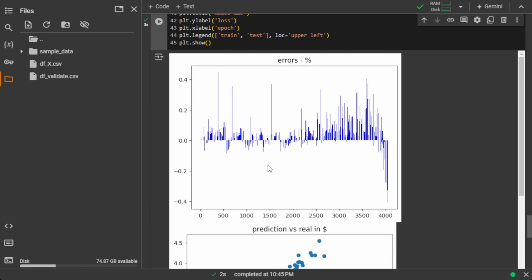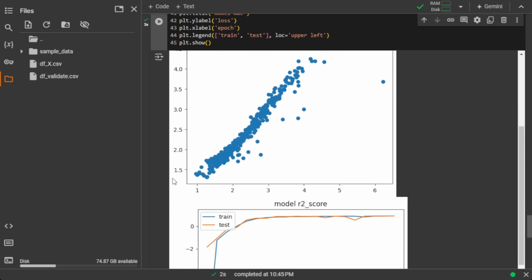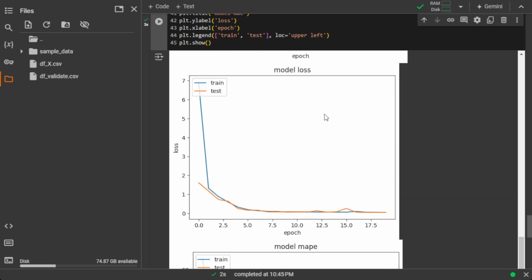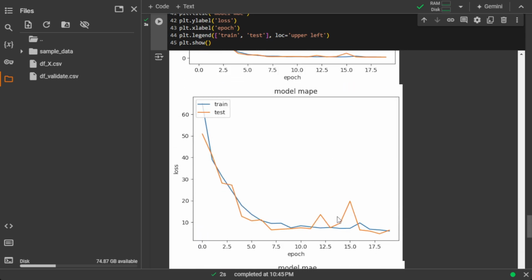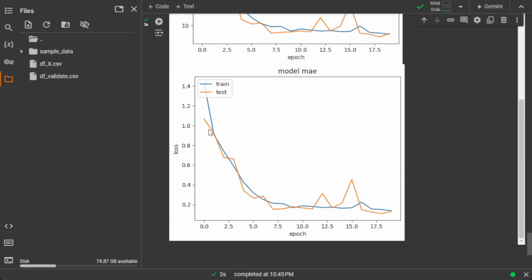See, we forgot to look at this for the last one. You can see that an entire half of the population is experiencing errors upwards of like 20%. So even though this looks good, we had more volatility here. This looks like it could still use more epochs.